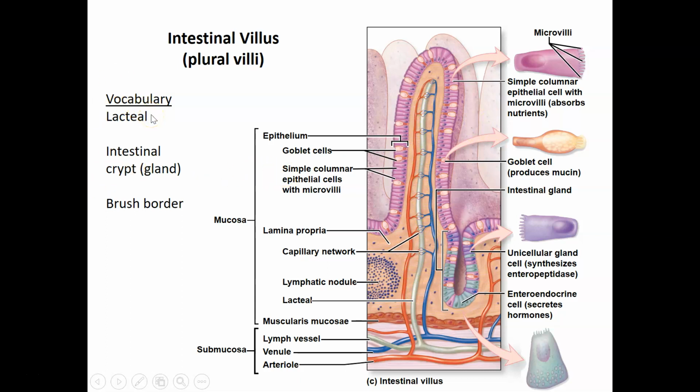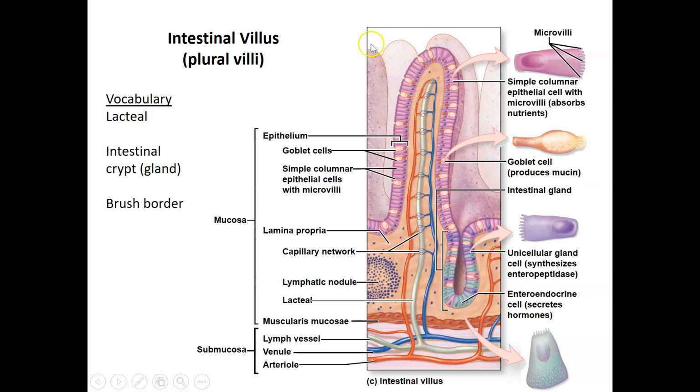The name lacteal means it's milk-like, and the lacteals are lymphatic capillaries that are whitish in appearance. And that's because they are absorbing mostly lipids that are crossing in from your meal, lipids that get absorbed. The main destination for them is the lacteal. They will be circulated away through this lymphatic capillary.